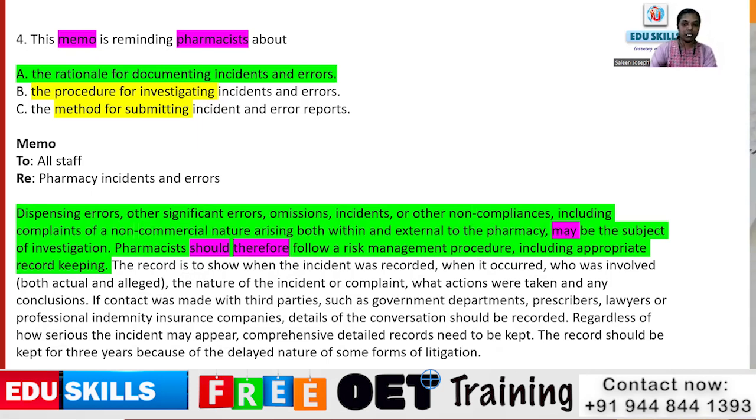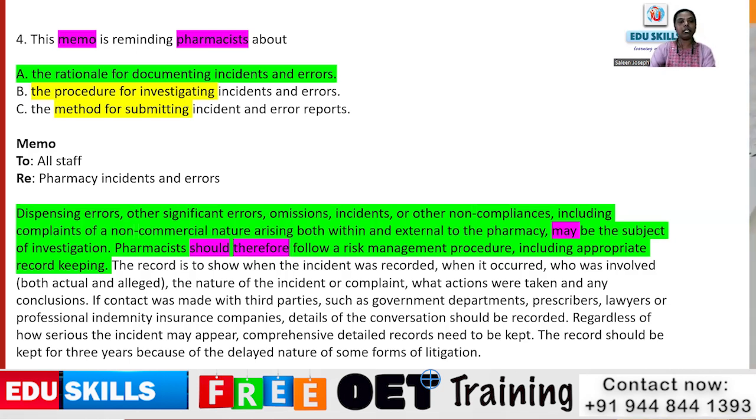So these can become a subject of investigation. Some day they'll come for it, it can go for any investigation. Pharmacists should therefore: should is a modal verb, you have may also as a modal verb here, and therefore is a contrast word. So you get the answer after that according to our strategies. Therefore, follow a risk management procedure including appropriate record keeping.